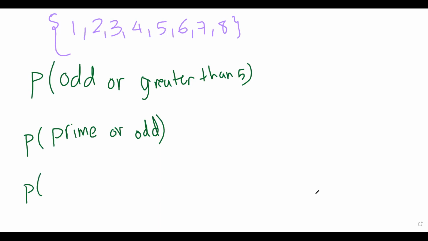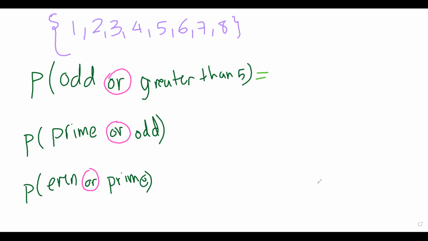Probability of even or prime. The first case now, odd or greater than 5. Now, when you see the word or, this means mutually exclusive or overlapping. Now, the first one, odd or greater than 5.